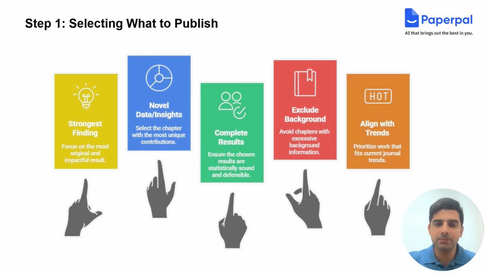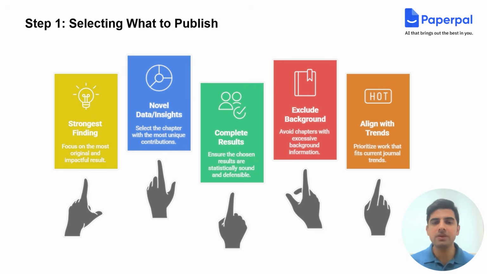For example, if you have answered 3 research questions in your thesis and you believe that the third question has led to more innovative, stronger, more in-depth findings, then pick that particular part. Do not try to fit everything into your research paper. Go for the strongest parts.